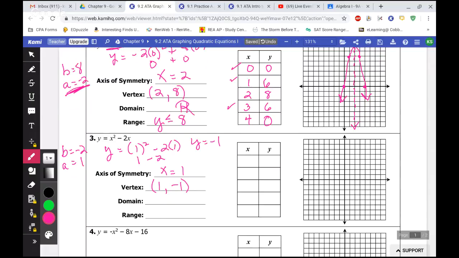So that's our vertex, which we'll place in the middle of our table. And we can at this time, if we choose to, go ahead and plot our imaginary axis of symmetry at x equals 1.